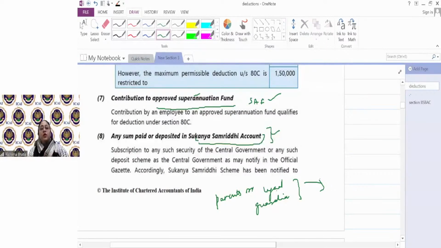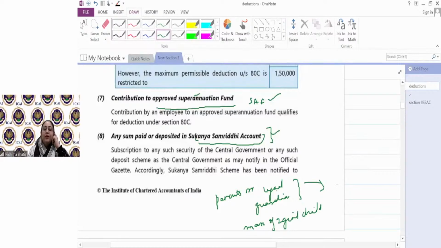You have to do it before the girls attain the age of 10, and you can open this account for maximum of 2 girl child. So if I have 3 girl child, I can only open account and I can open account for everyone, but I can take a benefit only up to 2 girl child under section 80C. Okay.